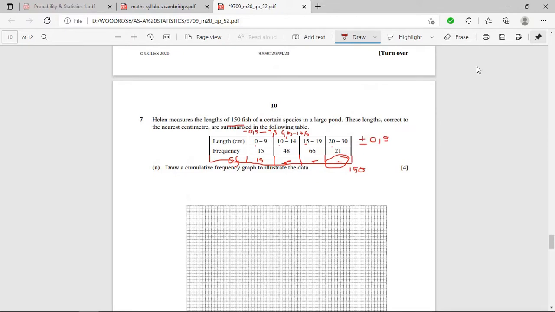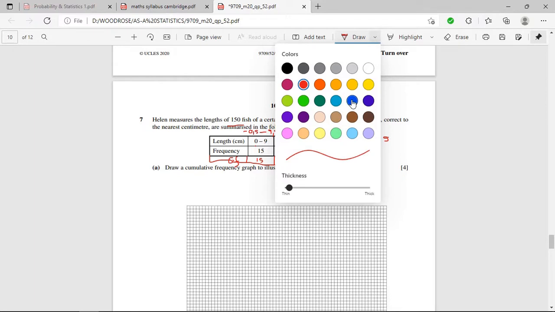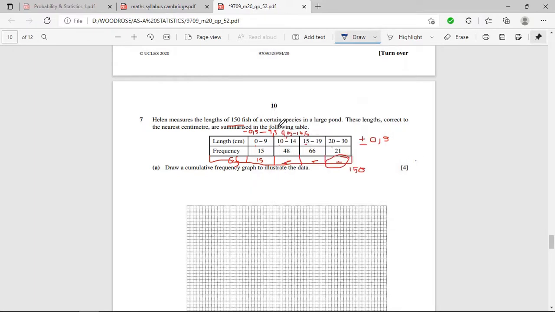Then after that, you plot the upper limits, which is 9.5 in this case, with the cumulative frequency. So we are going to plot 9.5 with 15. Then you come here, the upper limit here, please do it with the upper limits only. 14.5 with this cumulative value.